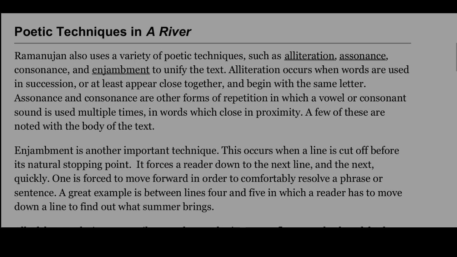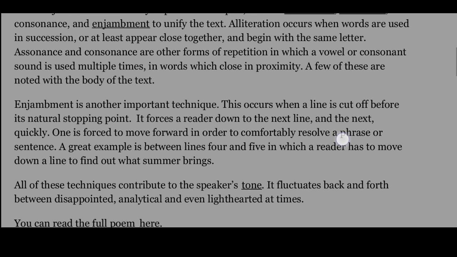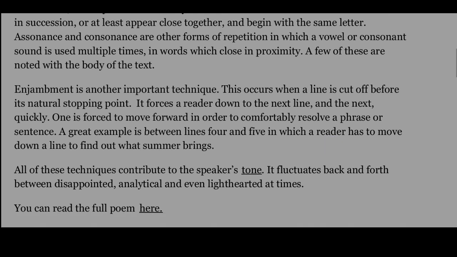And now, poetic technique in A River. Ramanujan also used a variety of poetic techniques such as alliteration, assonance, consonance, and enjambment to unify the text. Alliteration occurs when words are used in succession or at least appear close together and begin with the same letter.